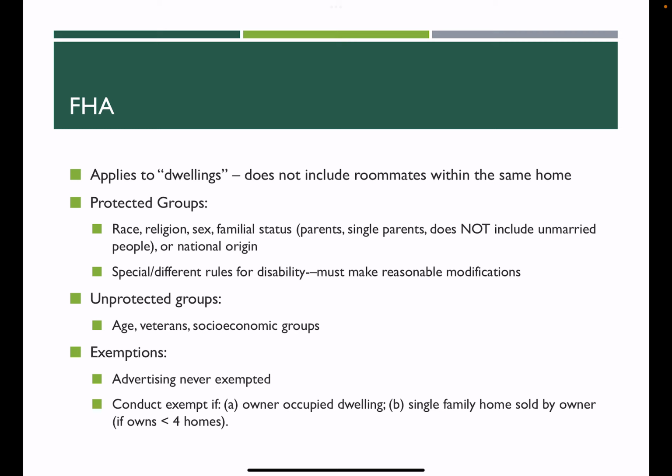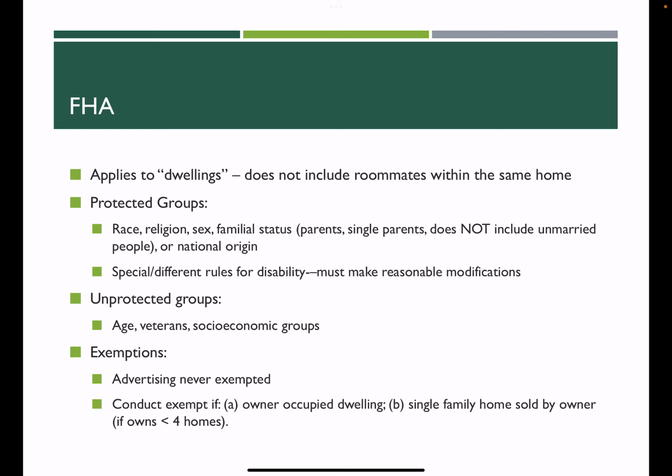The protected groups are race, color, religion, sex, disability, nationality, and familial status, which just means that there is at least one child and at least one parental figure. It's important to remember that any other groups not mentioned within the ones that I just listed on the PowerPoint slide are not covered.